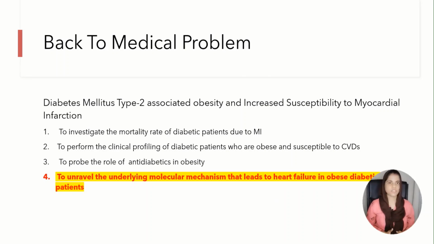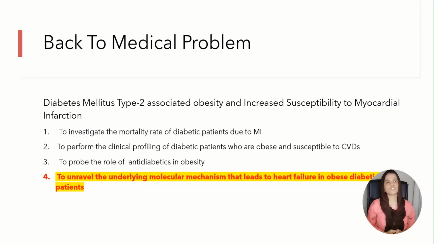We have defined some goals for it. The first one is to investigate the mortality rate of diabetic patients due to MI, shorthand for myocardial infarction. It's doable and understandable. The second one is to do the clinical profiling of the diabetic patients who are obese and susceptible to cardiovascular disorders. This is again understandable and doable.